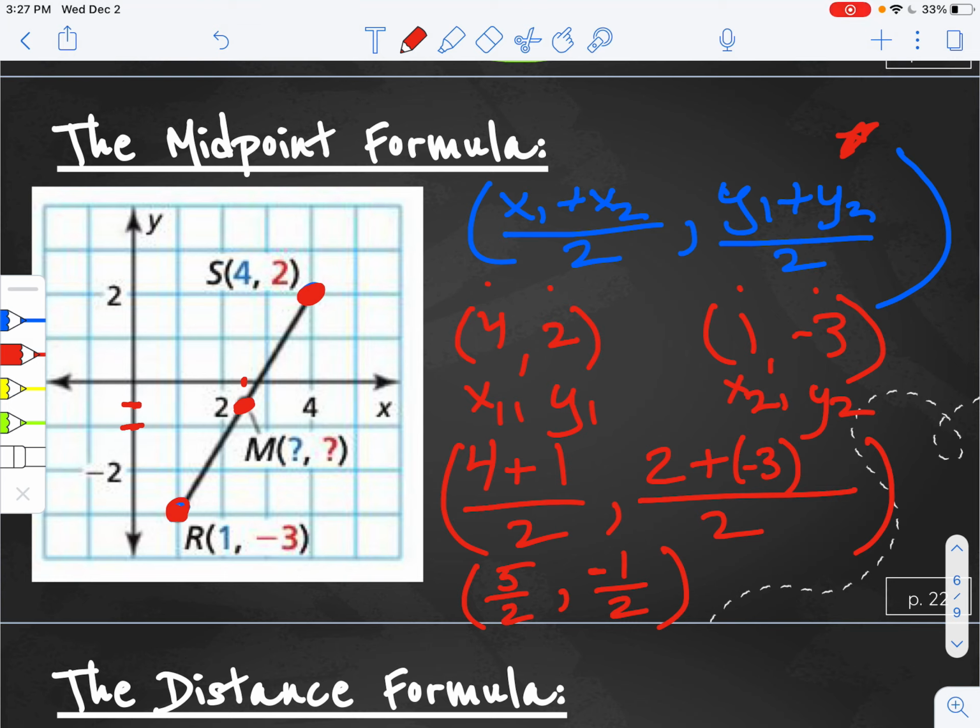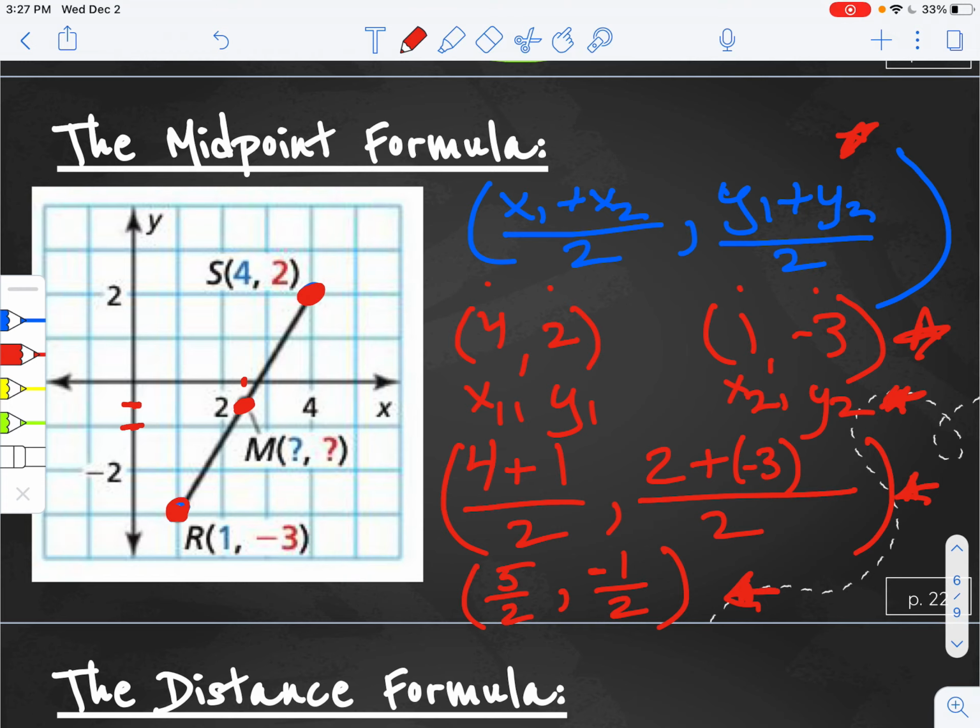Really, this setup that I had here of writing the formula first, then writing your two points and making sure that you keep which one is first, which one is second, straight. And then we just plug our points in, and do a little bit of simplifying, and we can find our answer.